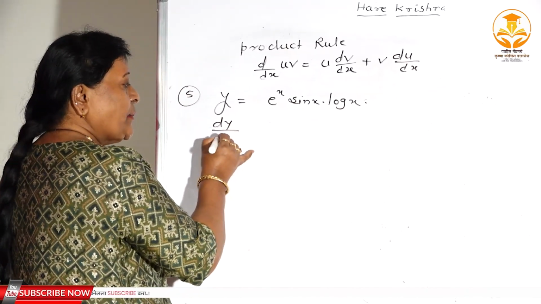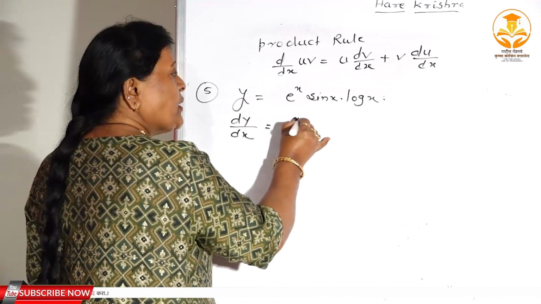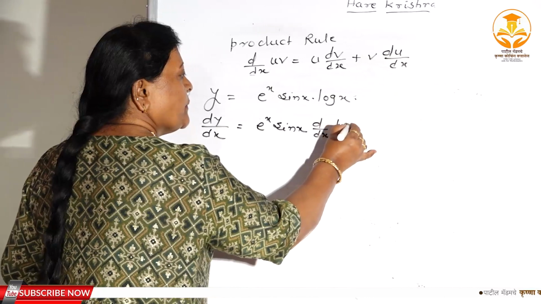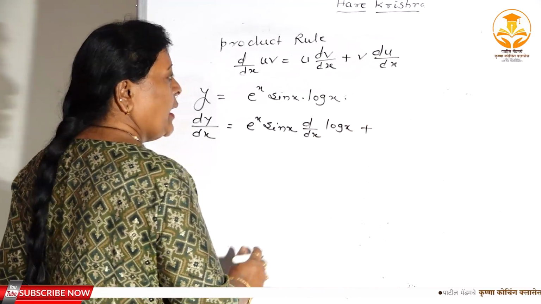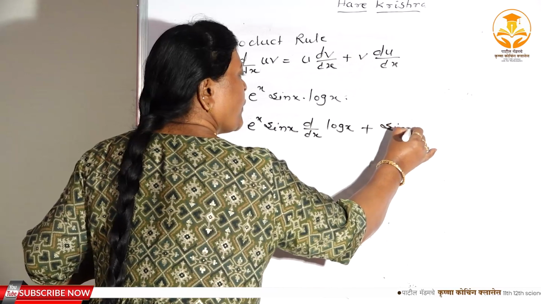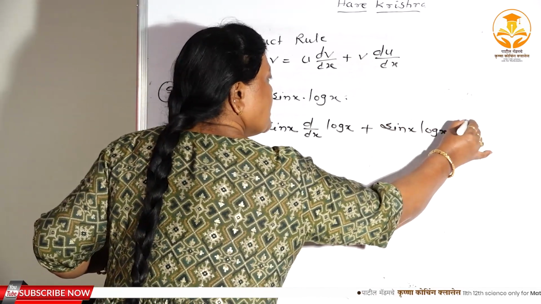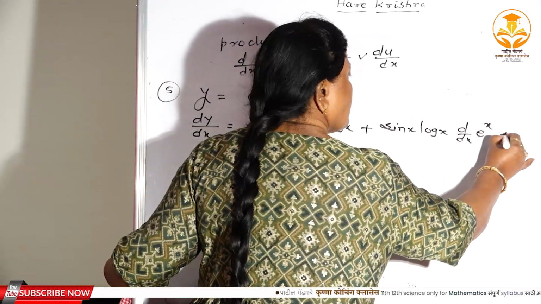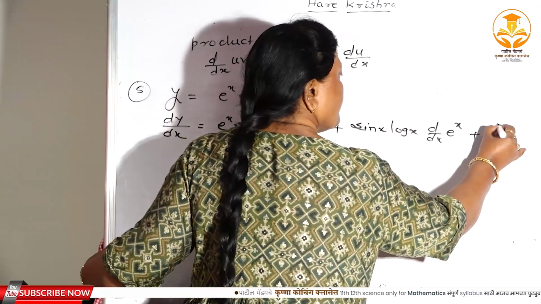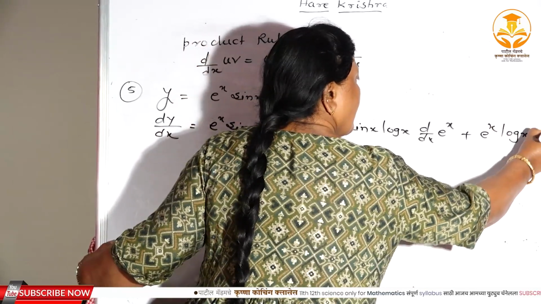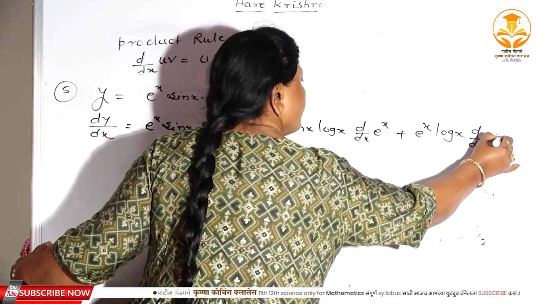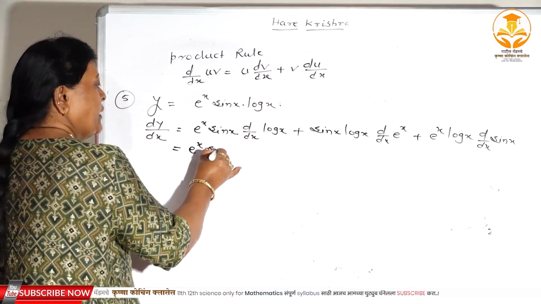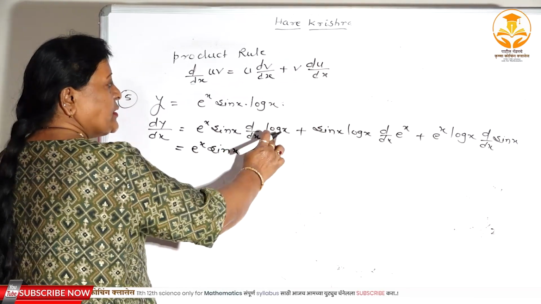Therefore dy by dx, here again e raised to x sin x remains as it is, take d/dx of log x, plus sin x log x remains as it is, d/dx of e raised to x, right? Plus again e raised to x log x remains as it is, d/dx of sin x. Right? Now see, e raised to x sin x remains as it is. What is the derivative of log x?